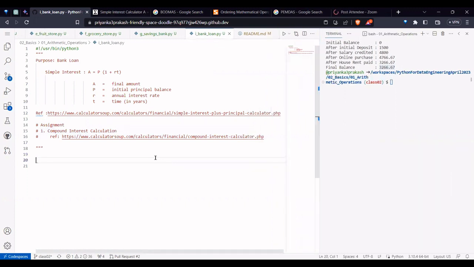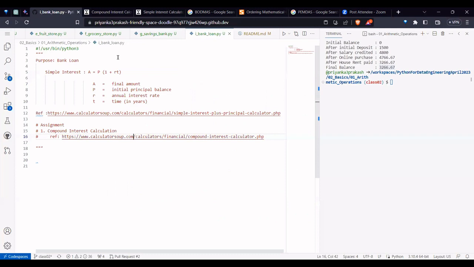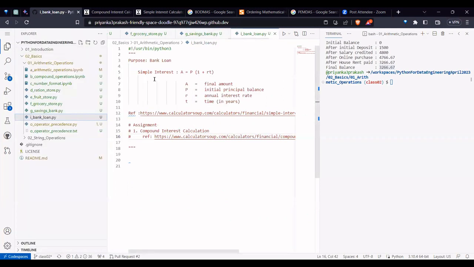You need to just walk through. If you are stuck somewhere, I can help you, but I don't give the code. Similarly, there is one more example called compound interest. For that also you need to do. So one is simple interest, the other one is compound interest. It's a simple formula. You can implement it. It's not that difficult. Give it a try, and slowly if you didn't understand, I can help you there. So fine.